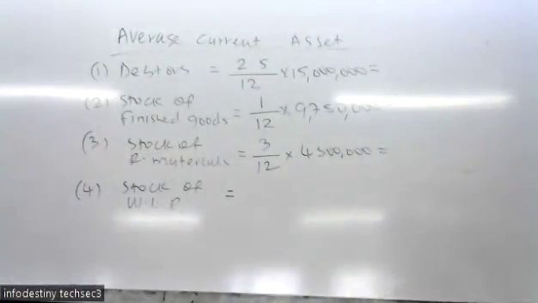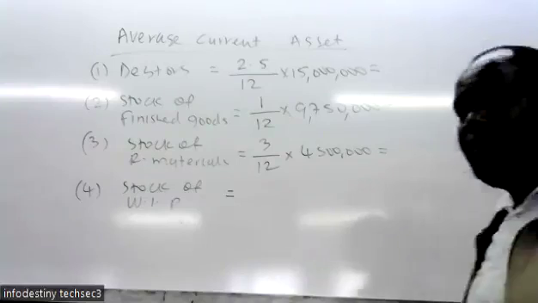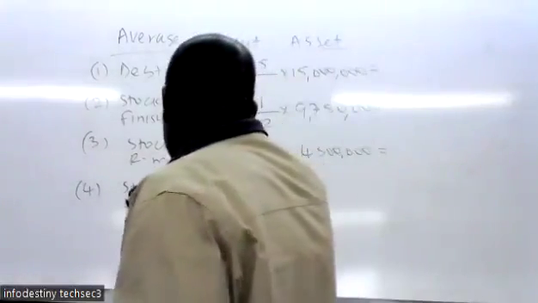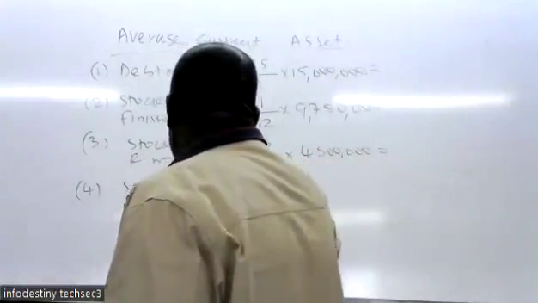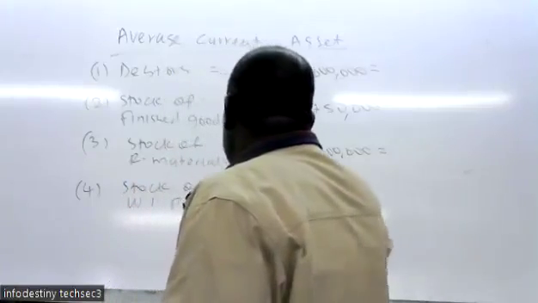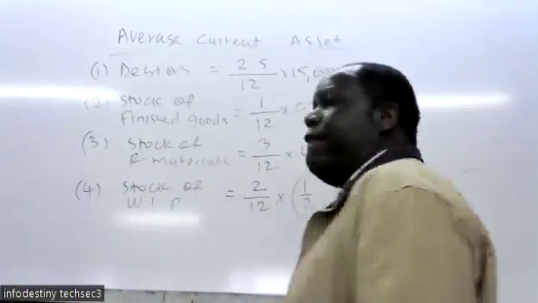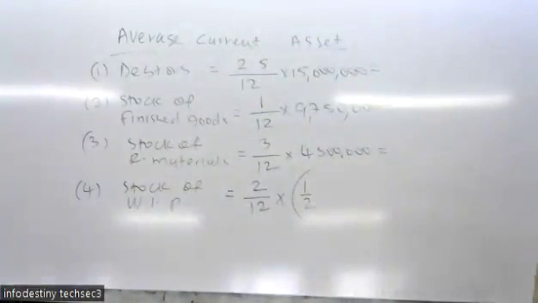Work in progress represents 2 months worth of a half of the produced goods. So it will be 2 divided by 12, but multiplied by a half.